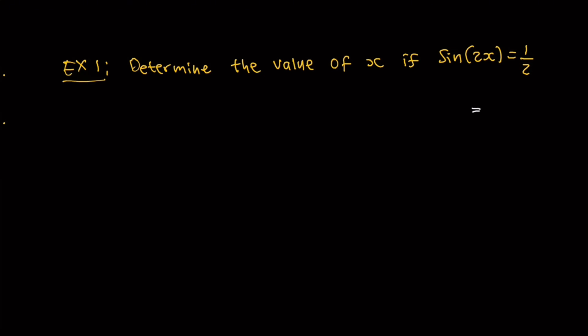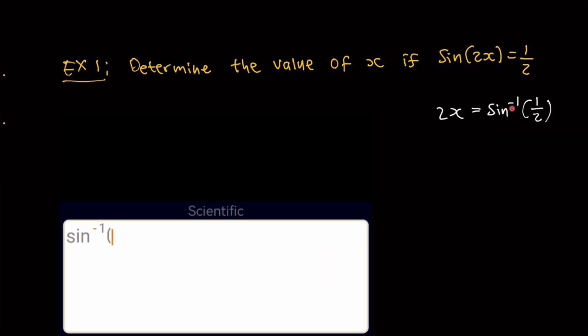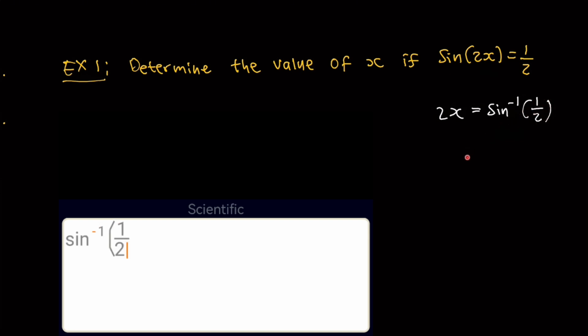On the left-hand side, you are left with 2x. Now, when you punch arc sine 1 over 2 into your calculator, what do you get? You get 30 degrees, and this side you still have 2x.